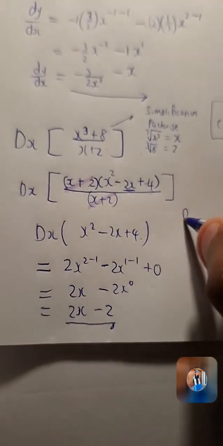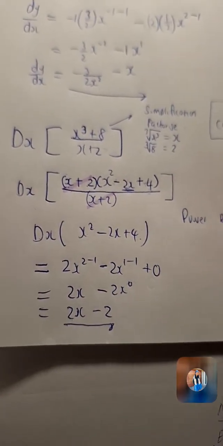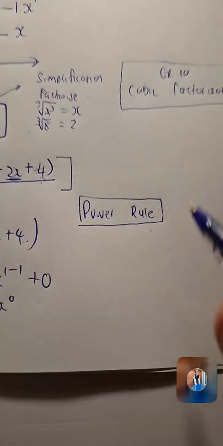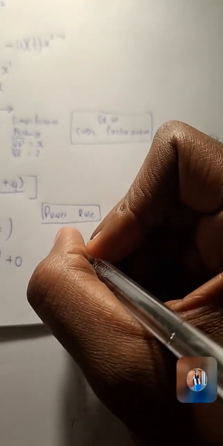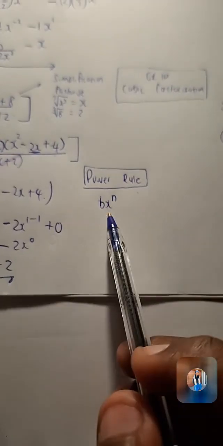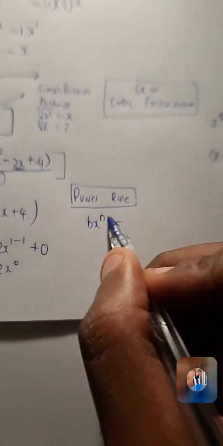Exactly. So here's the thing, when it comes to deriving, we use what we refer to as the power rule. I'm just going to explain the power rule. Generally speaking, let's say you had bx to the power n. When you derive, you see this exponent n.